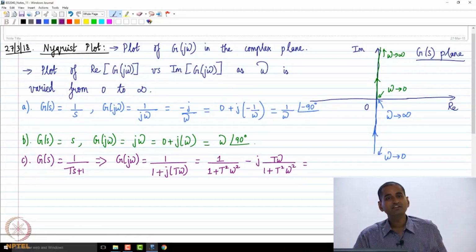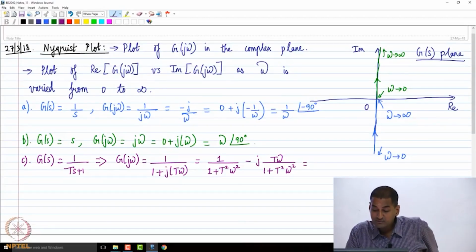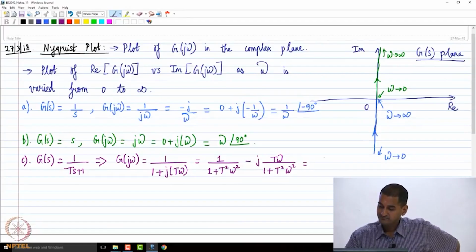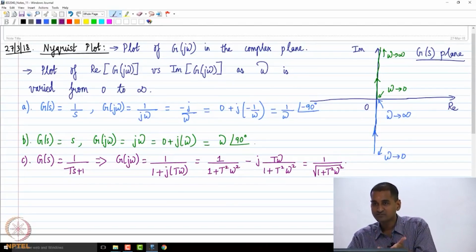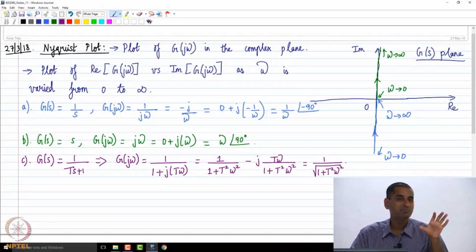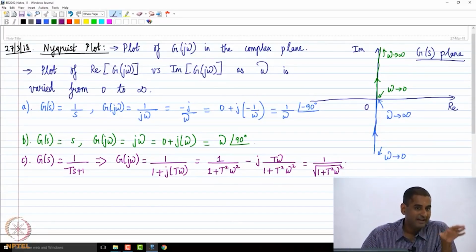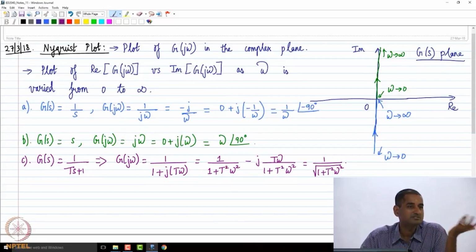So in terms of magnitude and phase, how can this be rewritten? What do you think will be the magnitude of this transfer function? It's going to be just 1 divided by the square root of 1 plus T squared omega squared. By now I think all of us are getting more and more comfortable, right? You look at the function itself: if you have this complex valued function and you want to find the magnitude, you have a ratio, so you just take the ratio of the individual magnitudes, right?